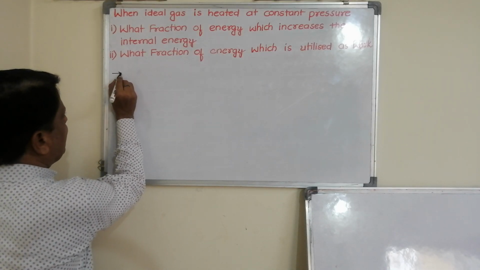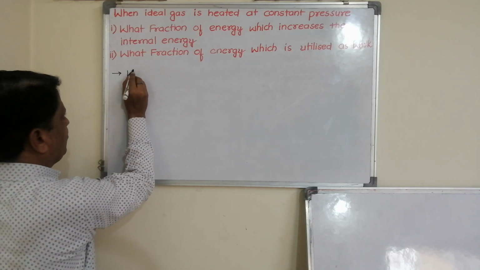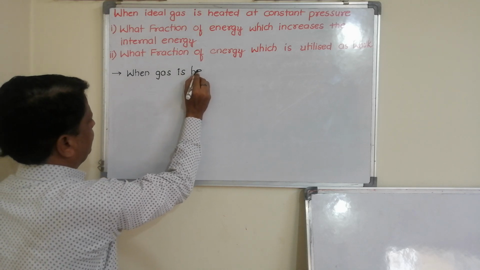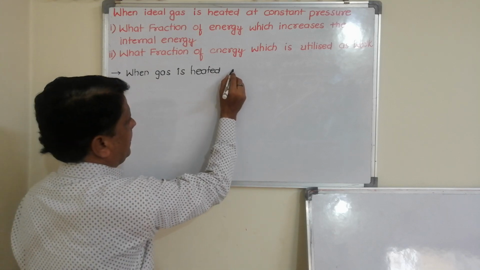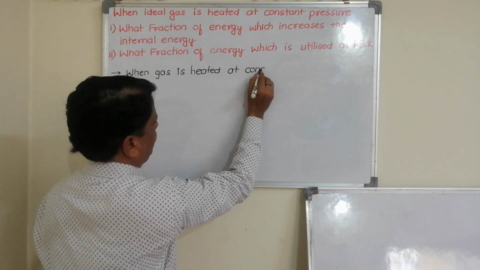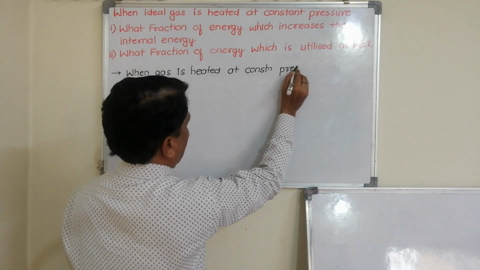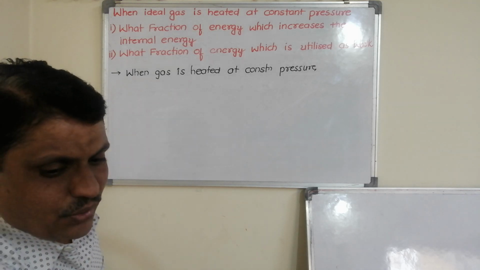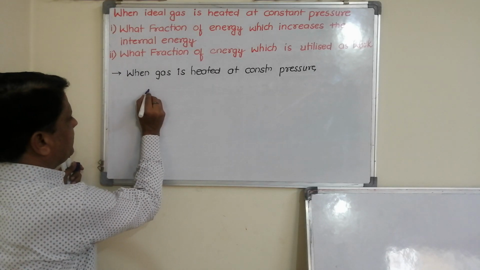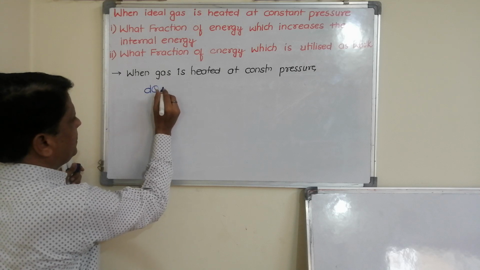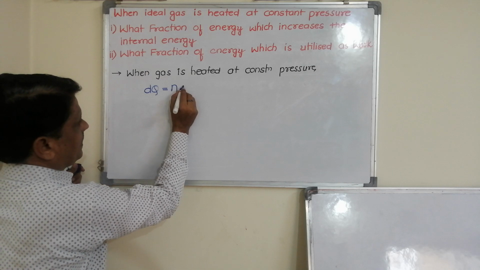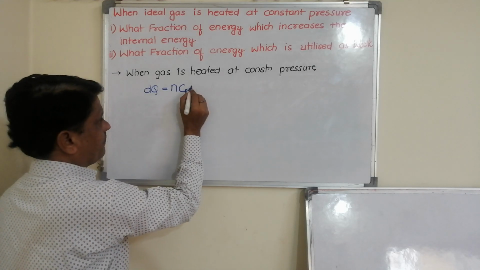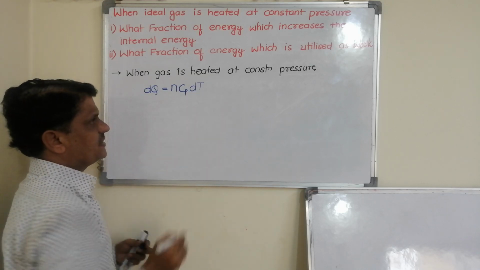So whenever a gas is heated at constant pressure, assume the increase in the temperature is delta T. Then dQ can be written as n Cp dT, where n means number of moles, Cp means molar specific heat of the gas at constant pressure, and dT is the increase in the temperature.